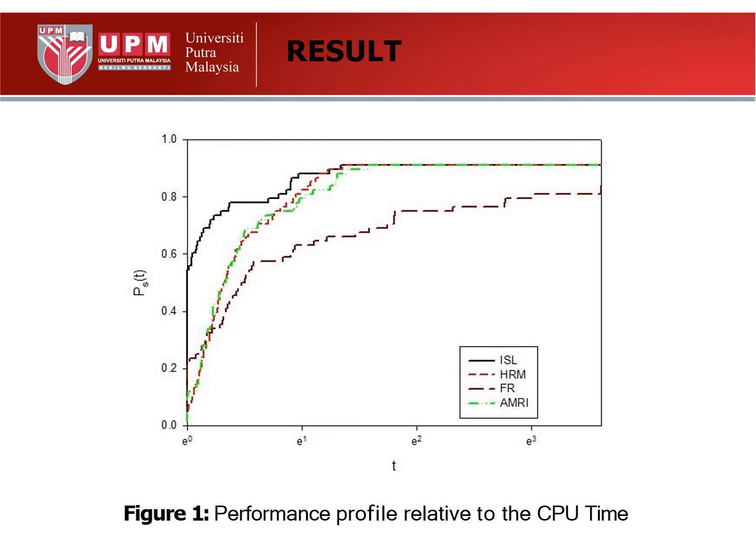The higher the value on the y-axis for each method, the better the performance. So it's very clear that the ISL method is the winner on CPU time.